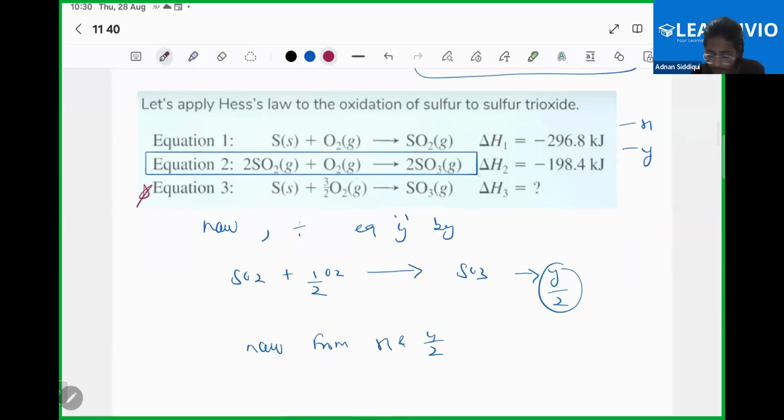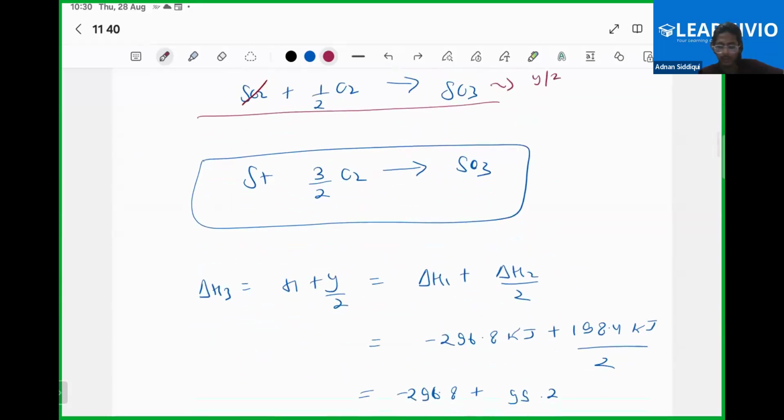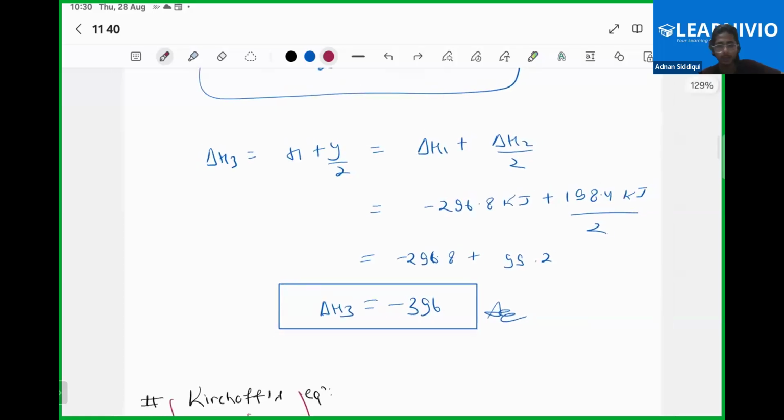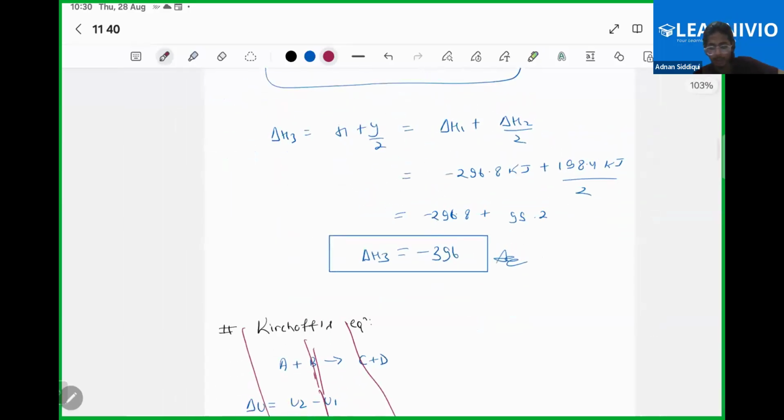And we have equation 2's enthalpy value. But to make it similar to the third one, we divided it by 2. So we take x, the enthalpy is given, and y, the enthalpy is given, divide by 2, and hence we can calculate the enthalpy for the third equation.